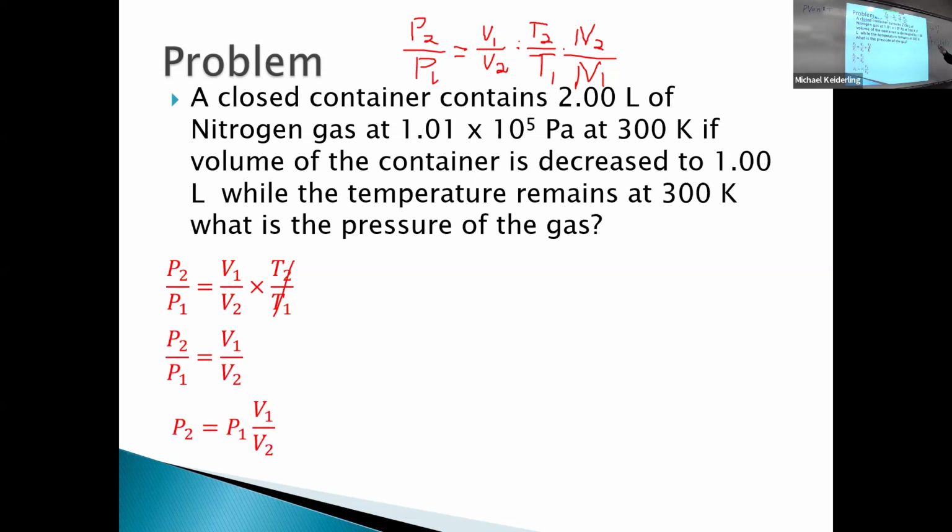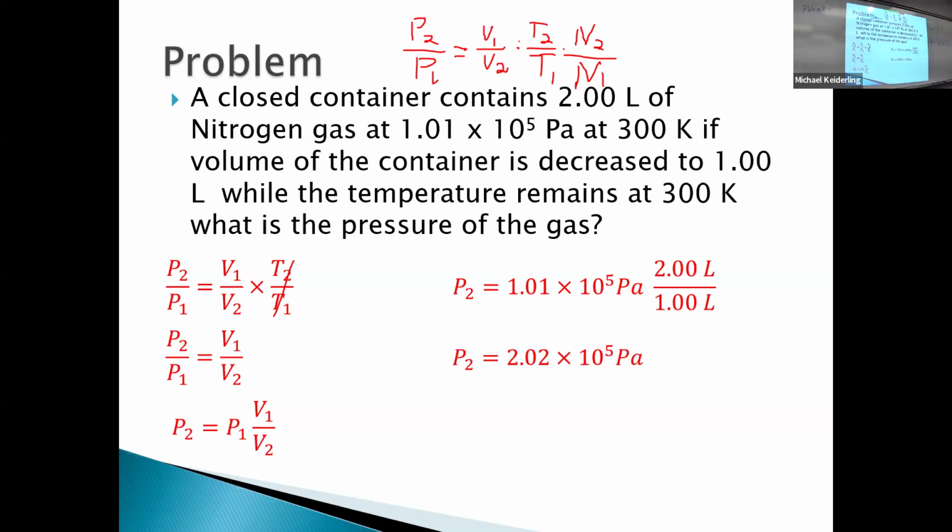So P2 equals P1 times V1 over V2. Thus P2 will equal 1.01 times 10 to the 5 pascals, that's P1, times 2 liters over 1 liter. So it will come out to be double, 2.02 times 10 to the 5 pascals. Half the volume, double the pressure.